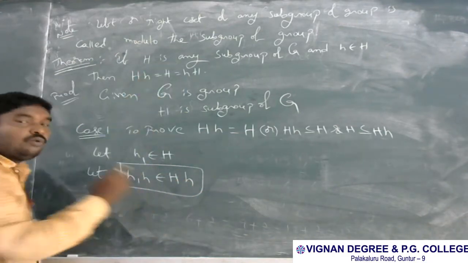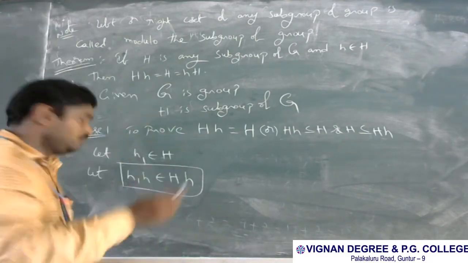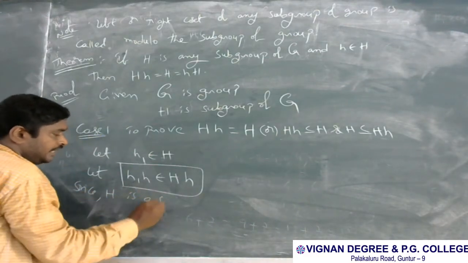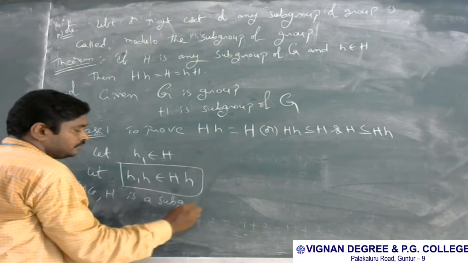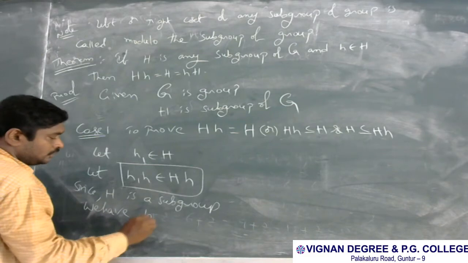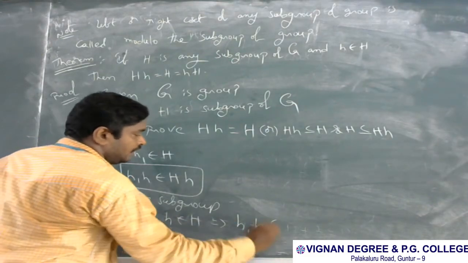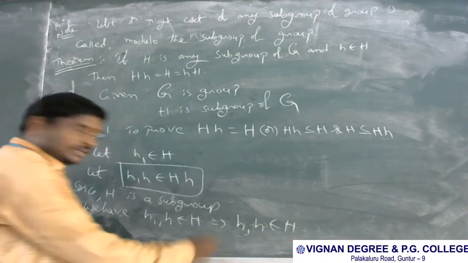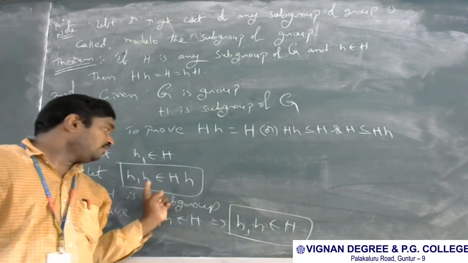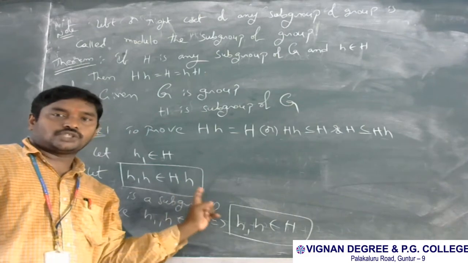Next, here what is H? H is a group. Since H is a subgroup, we have small h1 comma small h belongs to capital H. That implies small h1 into small h belongs to capital H. Well, first we have taken small h1 into small h belongs to capital H into small h.